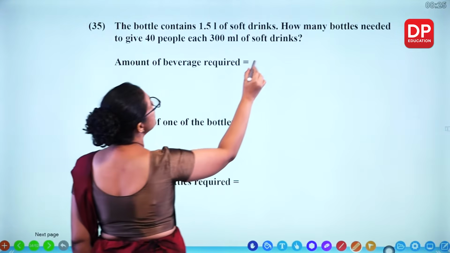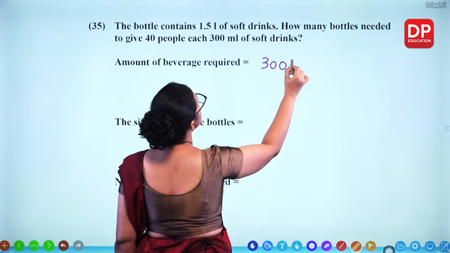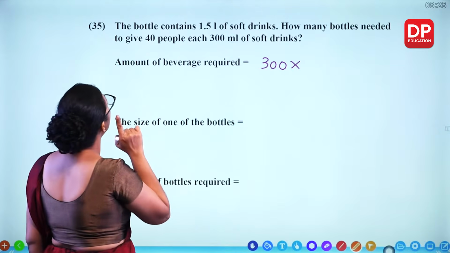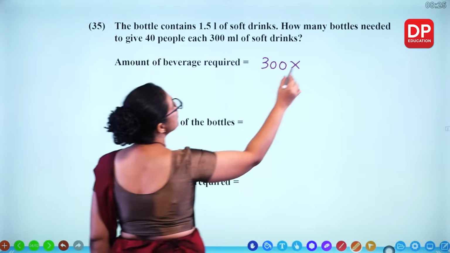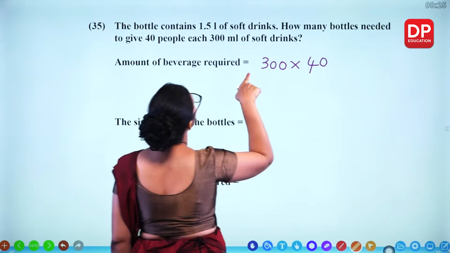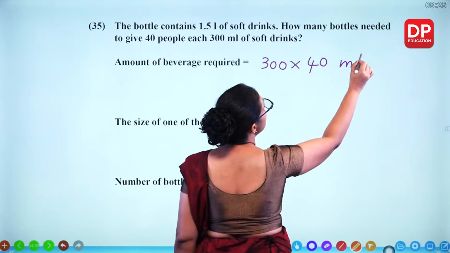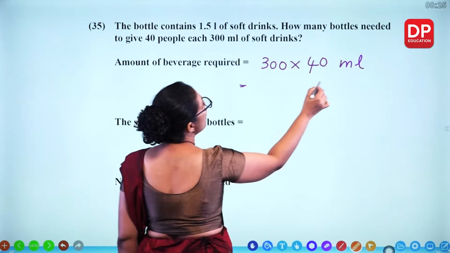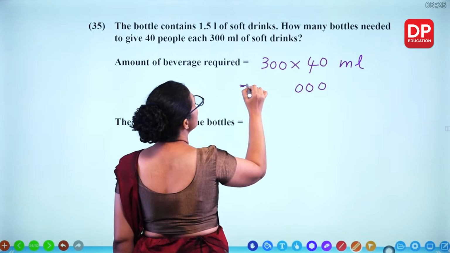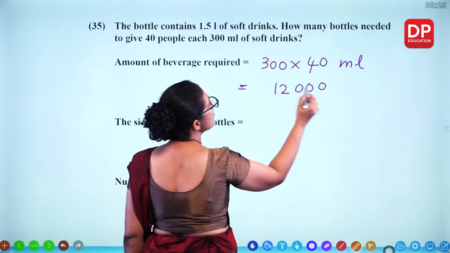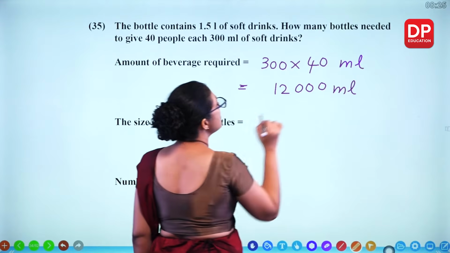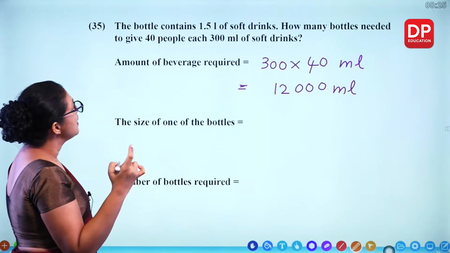Each person 300 milliliters. So 40 people. So multiply by 40. 3 zeros and 4 times 3, 12. So 12,000 milliliters we need.